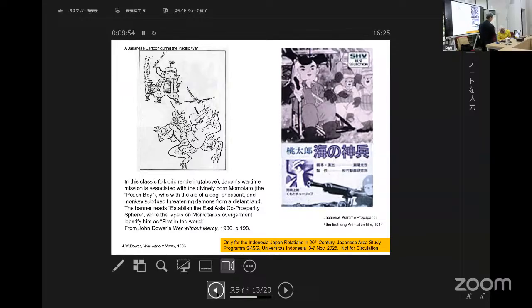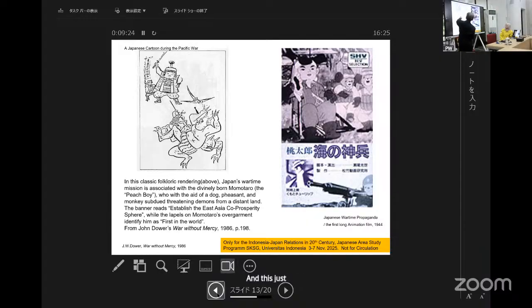And John Dower introduced to the public the wartime propaganda, some cartoons from journals or newspapers in wartime Japan, published during the Pacific War.